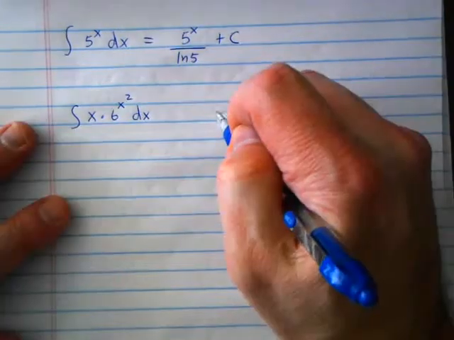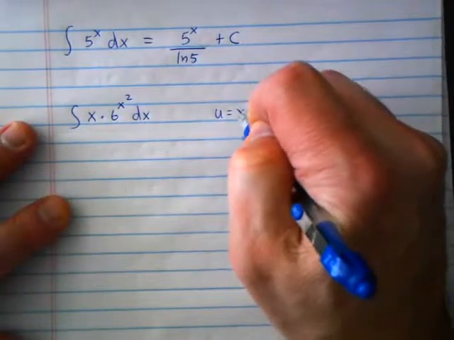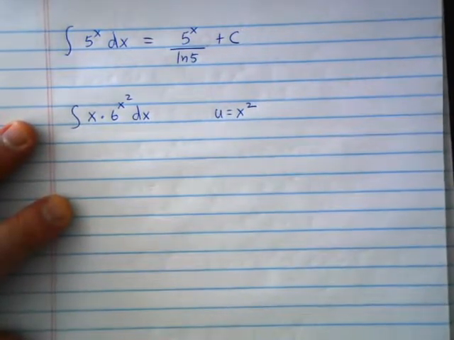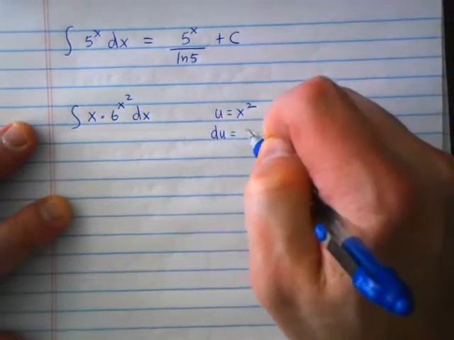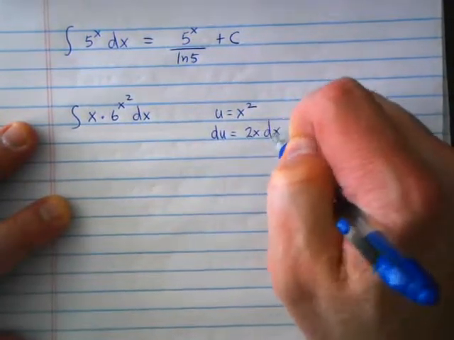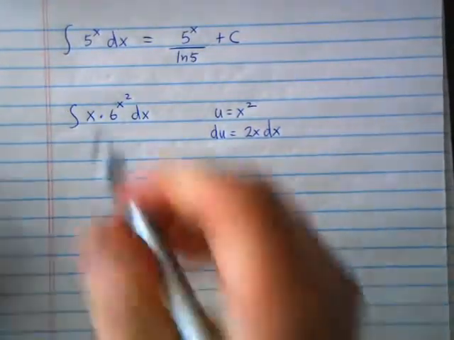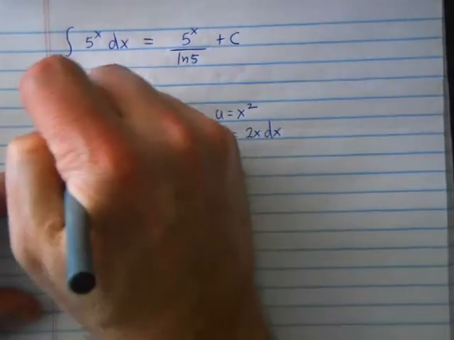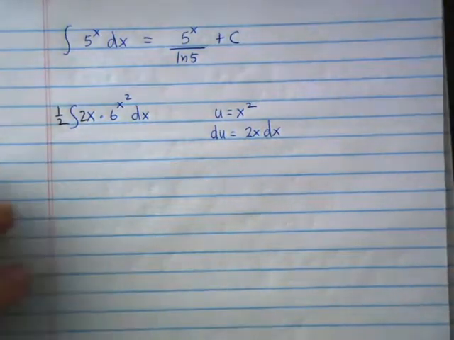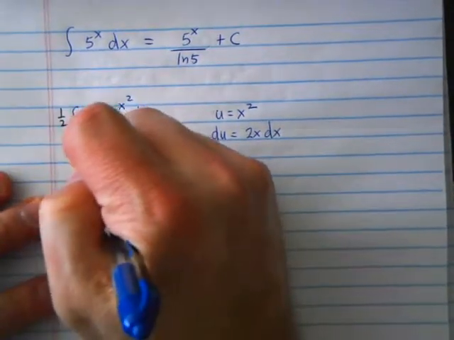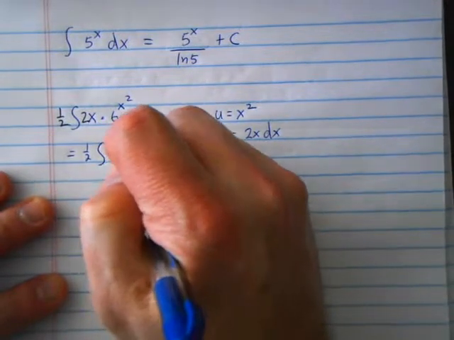Why do you want u to be x squared? Because then you can get rid of that other x there. When you take the derivative, du is 2x dx. So I need to sneak a 2 in here, 2x dx, which means I balance it with a 1/2. I'm going to have 1/2 integral 6 to the u du.